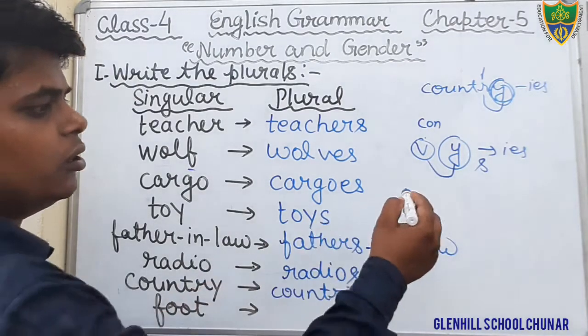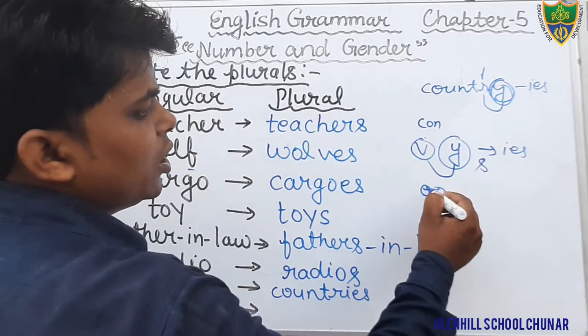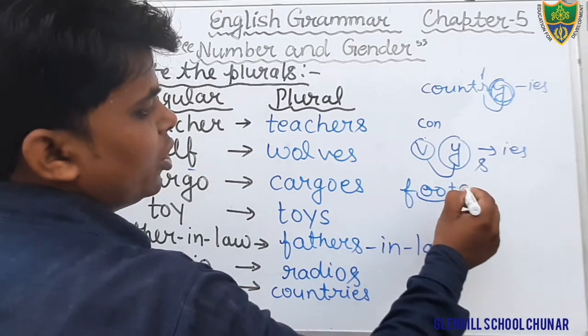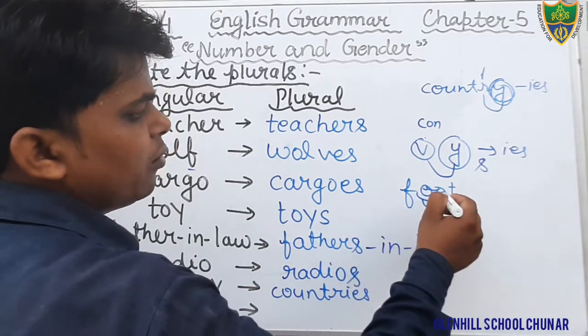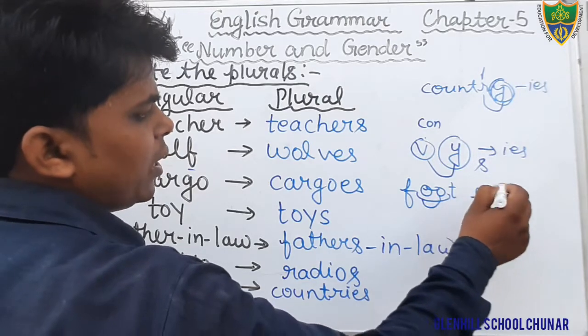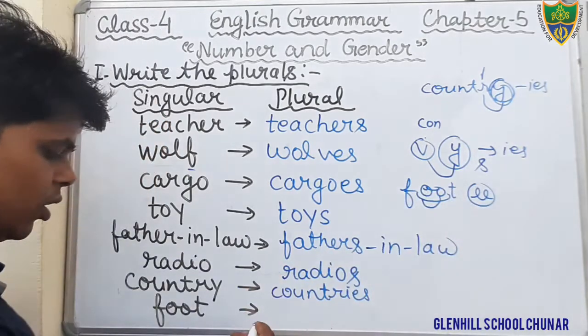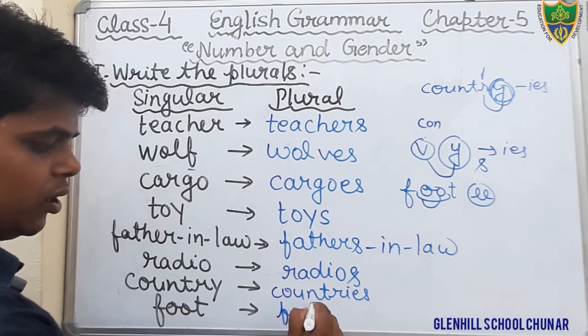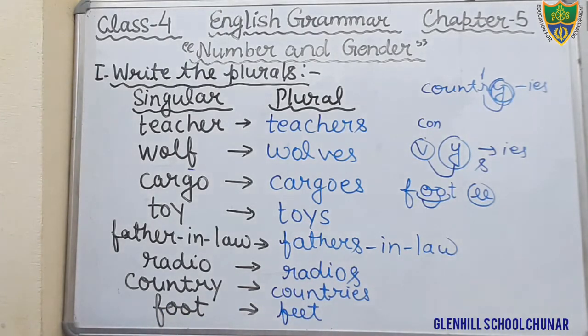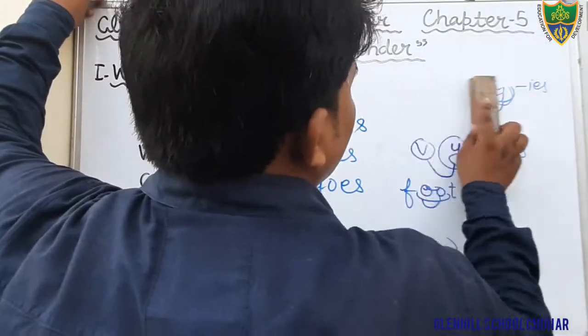Okay, foot is given here. I have told you that sometimes we change the internal vowel. What is the internal vowel? Double O. We will write double E at the place of double O. So what would be the plural? Feet. Okay, students. So this is all about the plural, exercise first.